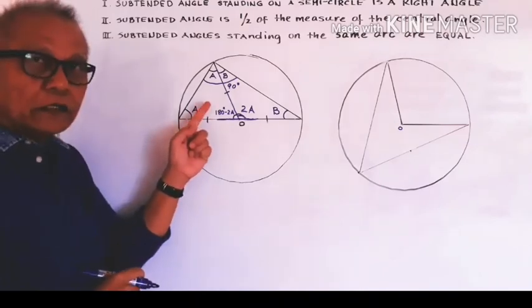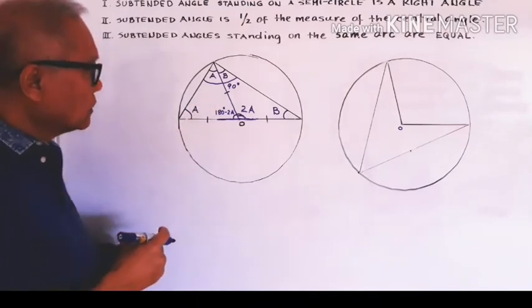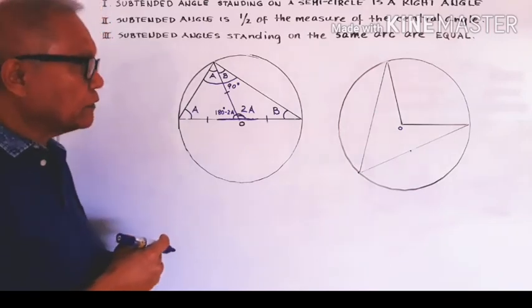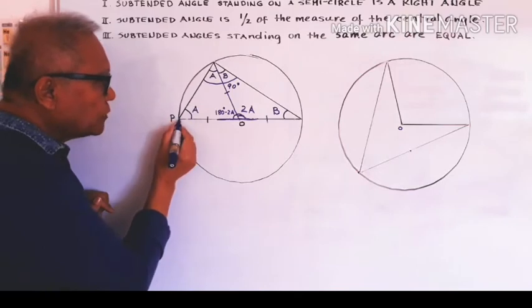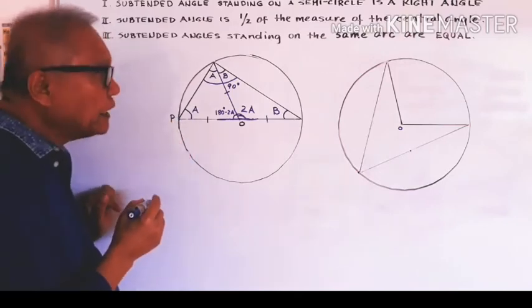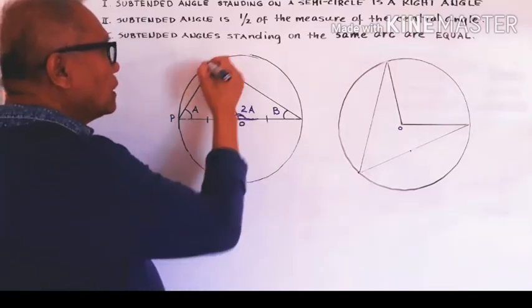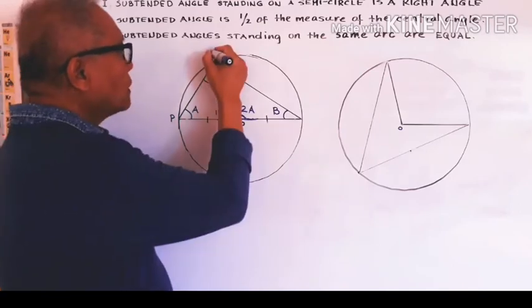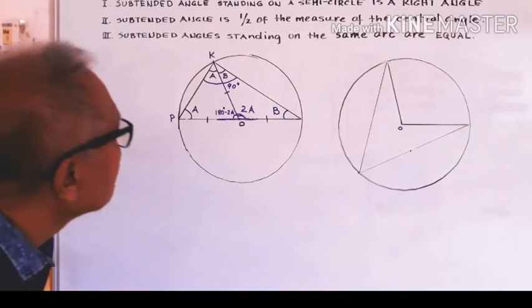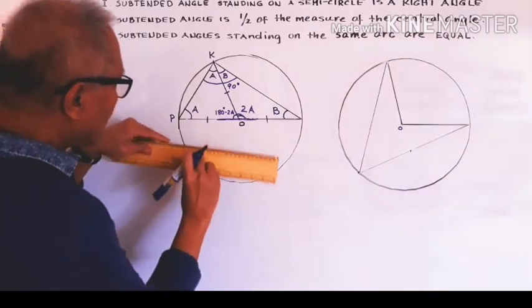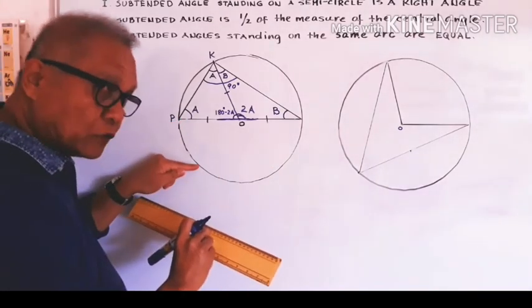So here we have our original first figure. Now let us name this point P and this point K. We are going to move point P down here.